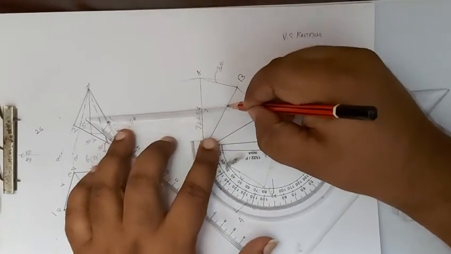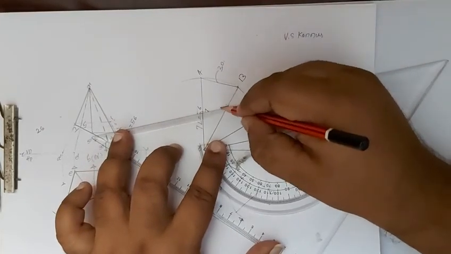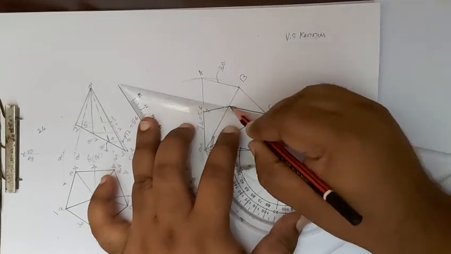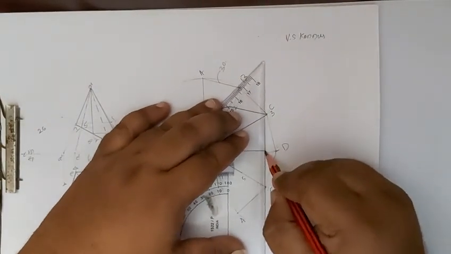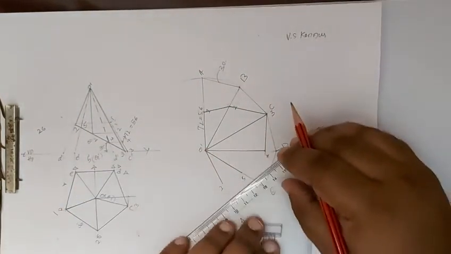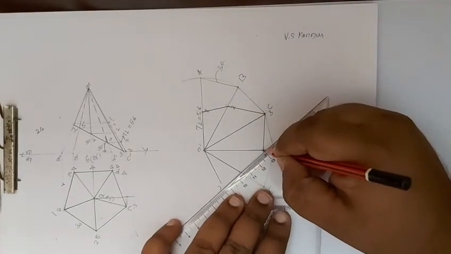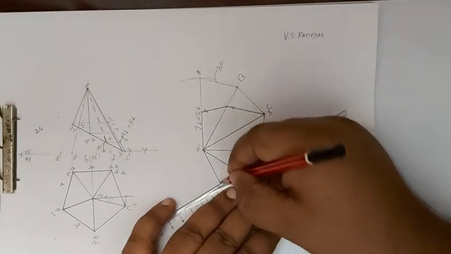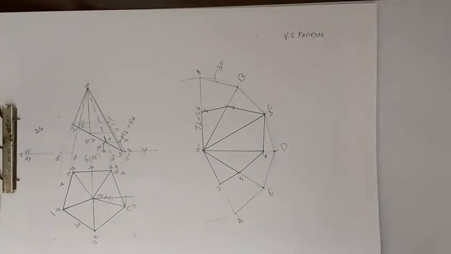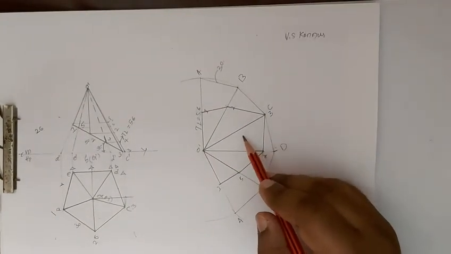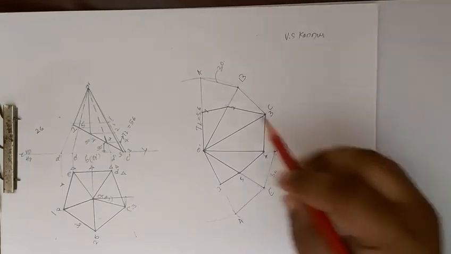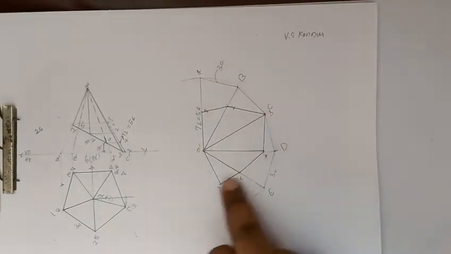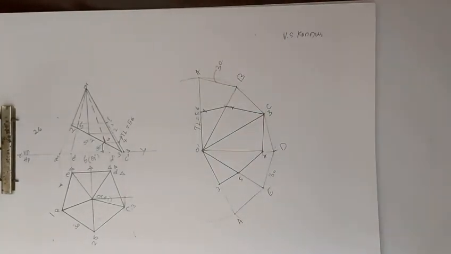And then we'll join 1 to 2, 2 to 3, 3 to 4, 4 to 5, and then 5 to 1. So this part is called the developed part. Each side is 30 millimeter. This is the cut section. This part is retained and this part will be removed from the development.